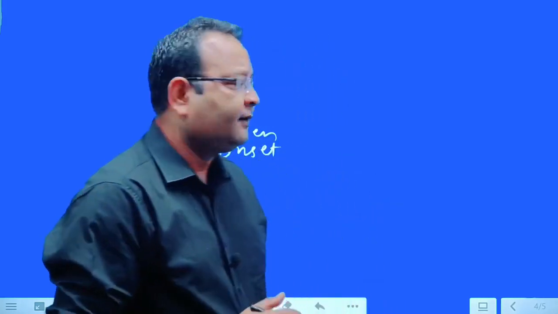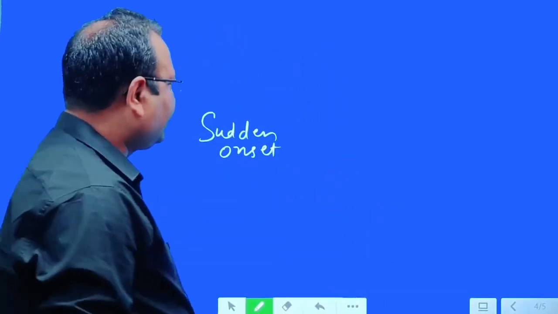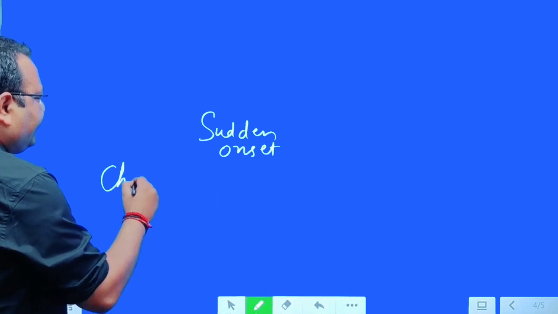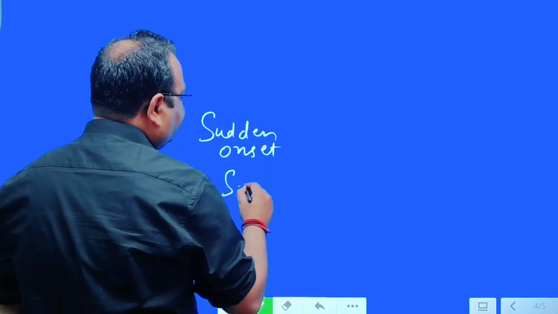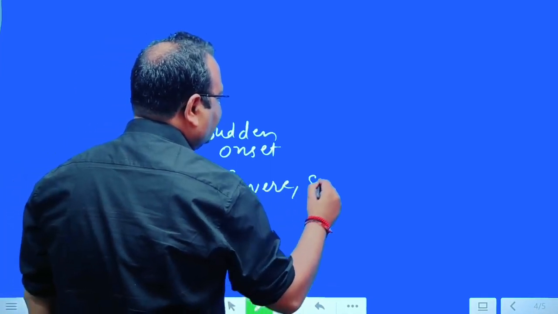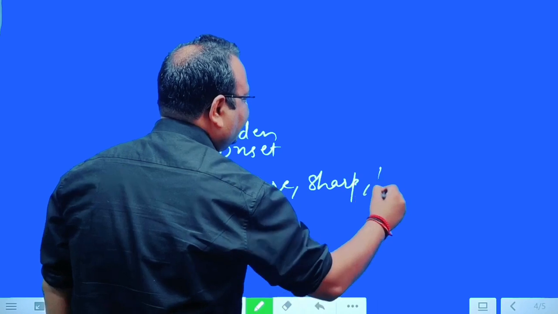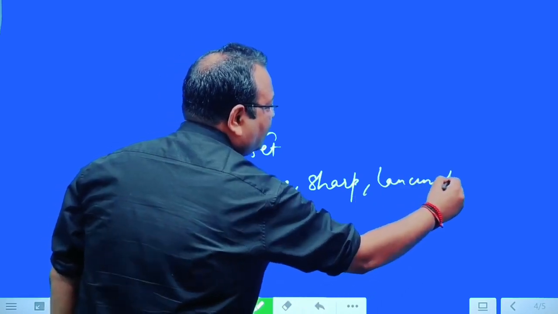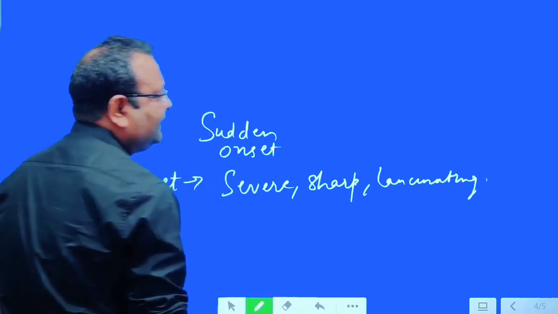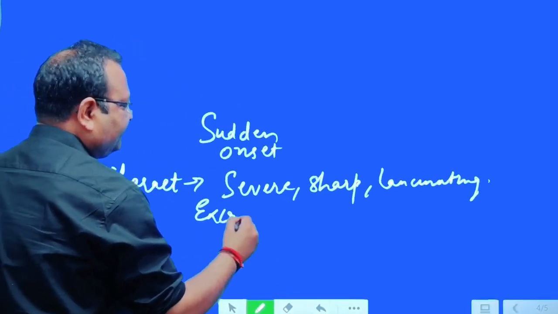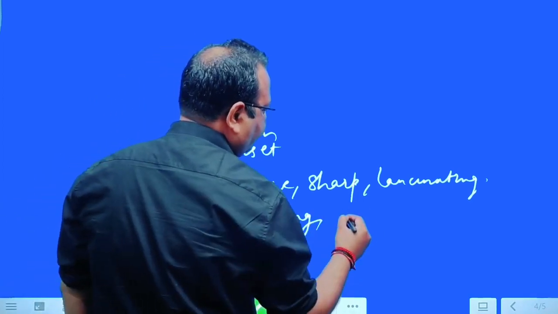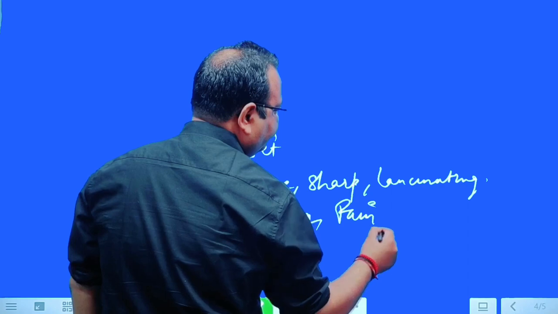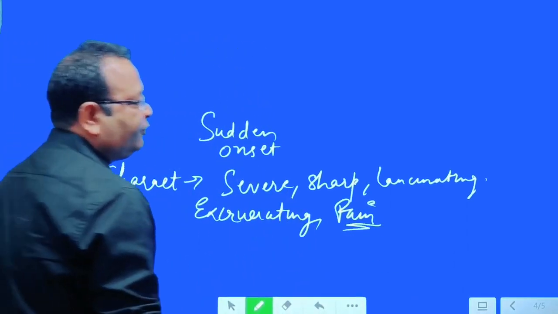Now coming to the characteristics of the pain caused by trigeminal neuralgia. I have already described in the definition that it is a very severe, sharp, lancinating (meaning cutting), excruciating pain, and this pain is of brief duration.